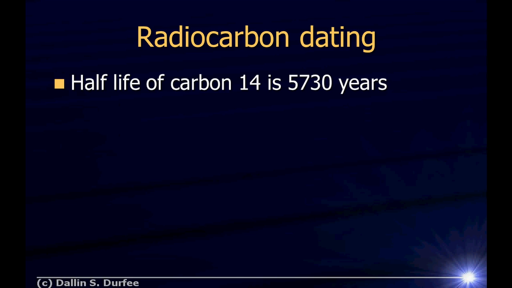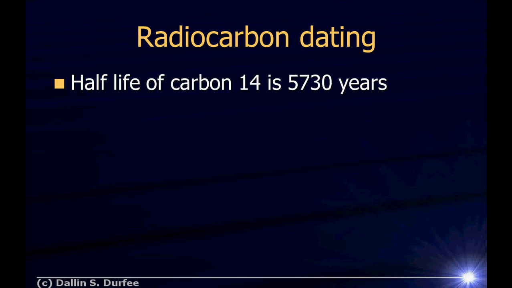So if I were to take an ounce of your flesh and look at the nuclei in it, and measure what fraction of your carbon is carbon-14, I would get some number. 5,730 years after you die, if I take an ounce of your flesh and measure the nuclei in it, I would find that there was half as much carbon-14 around.